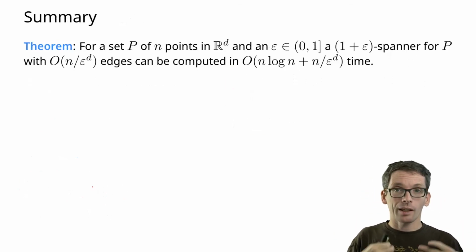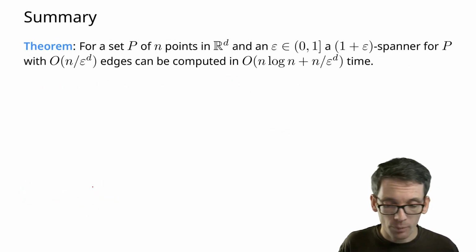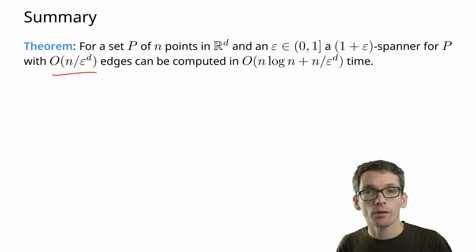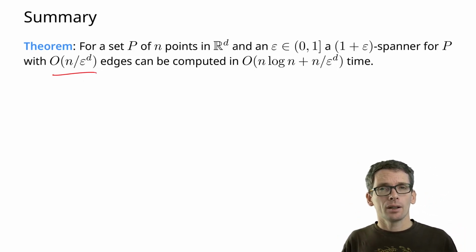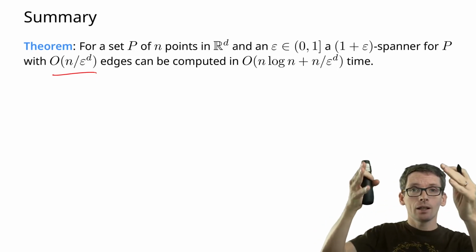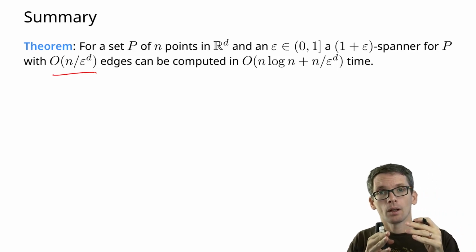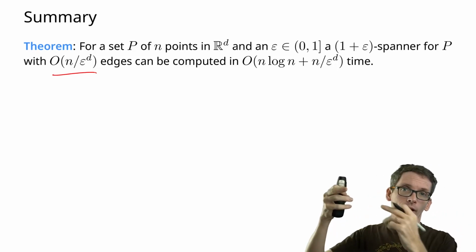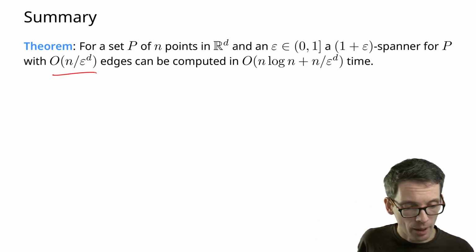And what does that mean if I actually use this for constructing a 1 plus epsilon spanner? Then I will get a spanner of size n divided by epsilon to the d, because the well-separated pair decomposition and the resulting spanner has size s to the d times n. So if s is 1 divided by epsilon, this gives me n times 1 divided by epsilon to the d.